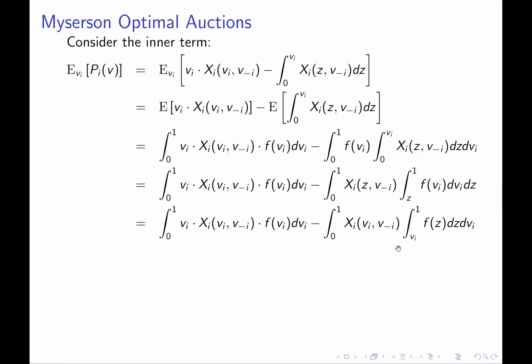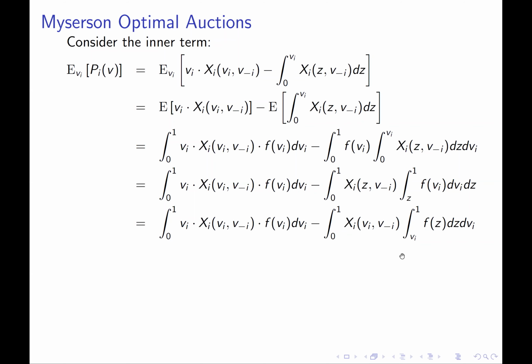And here, all I'm doing is wherever there was a z, I'm replacing it with a vi, and wherever there was a vi, I'm replacing it with a z. Okay, I'm just renaming things. I'm not doing any actual math. Okay. And the reason I'm renaming things is because it's going to be visually pleasing to note that we now have expressions both on the left and on the right that are of the same form, xi of vi. Okay.